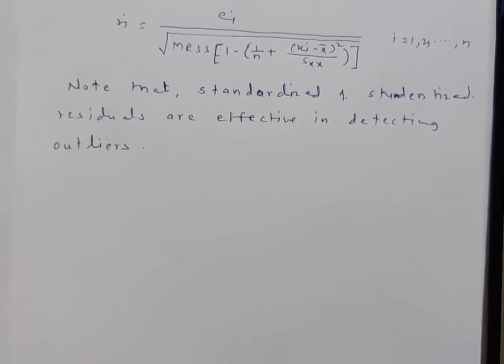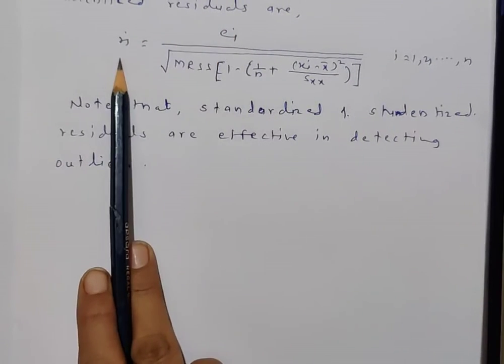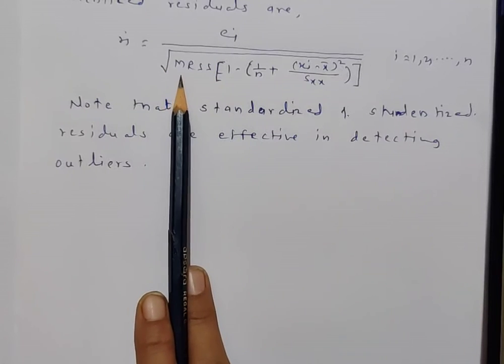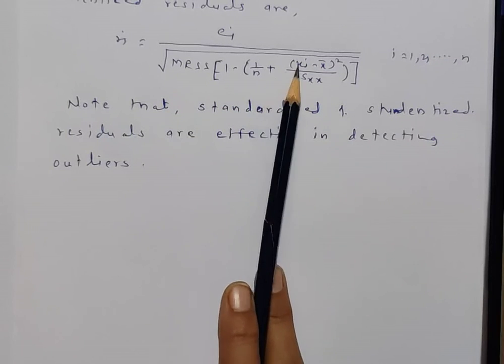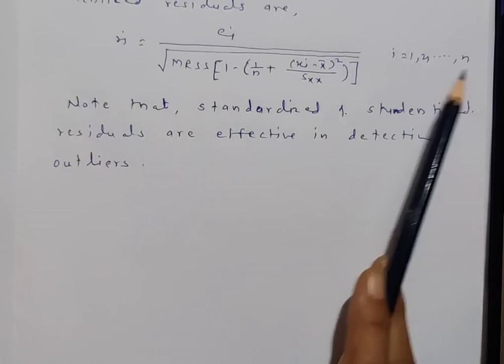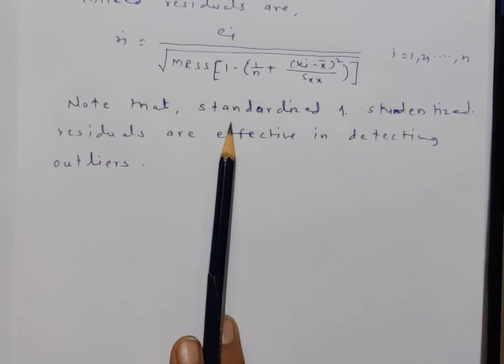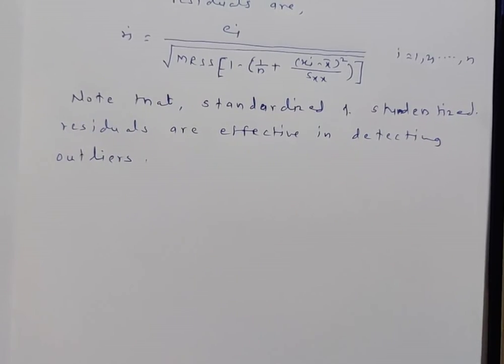Note that for only one regressor, the studentized residuals are r_i equal to e_i divided by square root of MRSS into (1 minus (1 upon n plus (x_i minus x bar) square divided by Sxx)), i varying from 1 to n. So standardized and studentized residuals are effective in detecting outliers. These two procedures are used to detect the outliers. There is another method, the PRESS residual, which can be seen in the next lecture. Thank you.